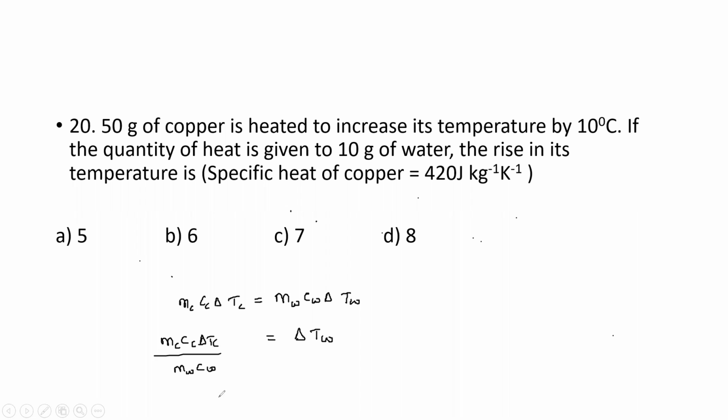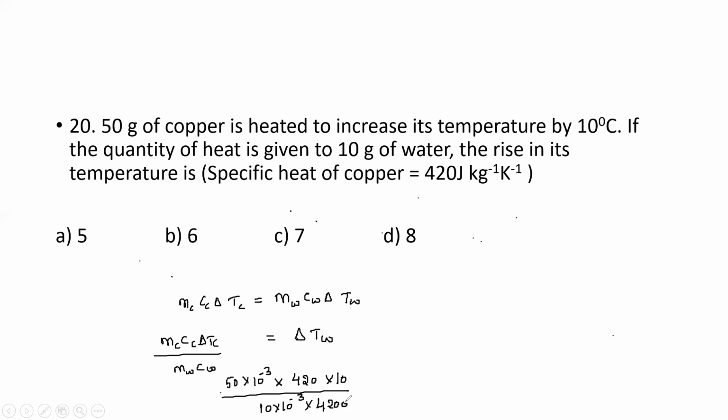So that is equal to, so mc value is how much? It is given as mass of copper is given as 50 into 10 raised to minus 3 into Cc. It is 420 specific heat capacity into change in temperature is 10 divided by mass of water, it is 10 into 10 raised to minus 3 into specific heat capacity is how much?